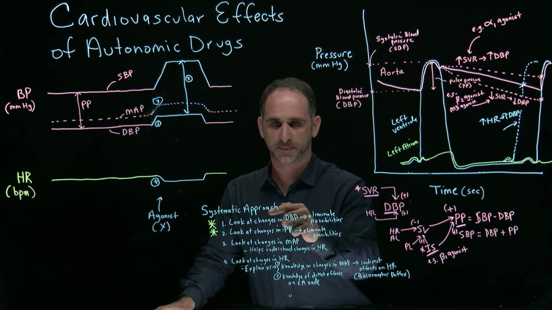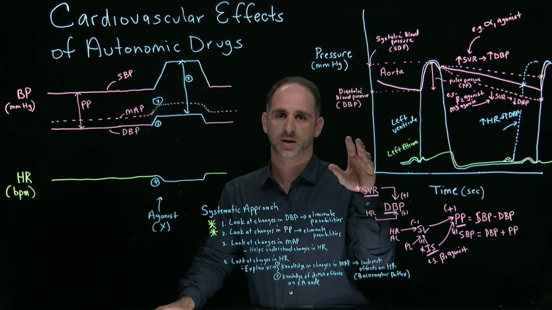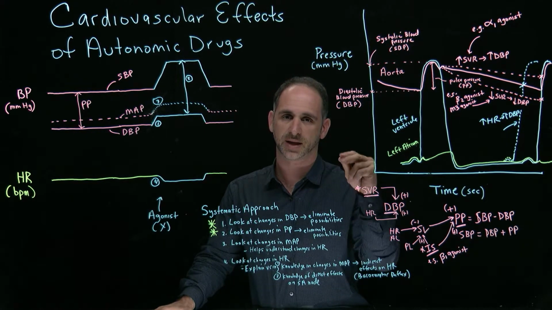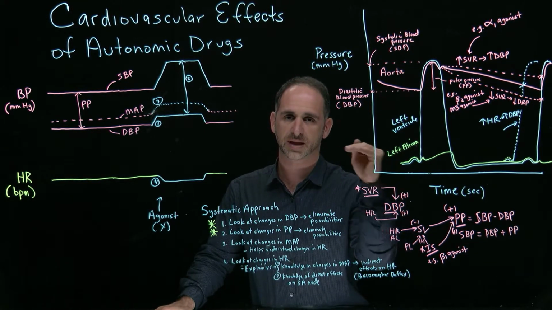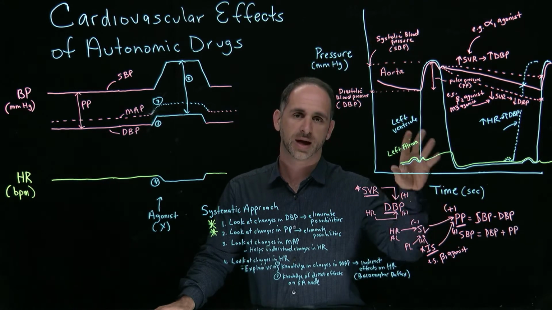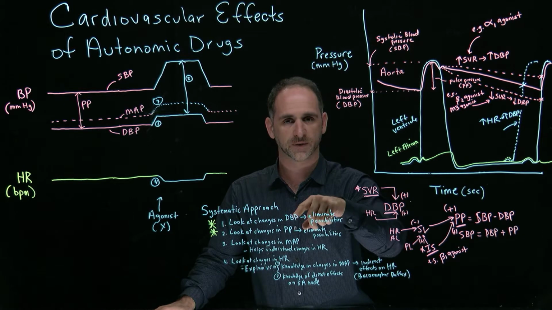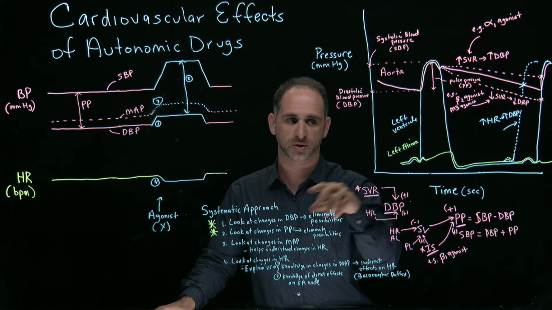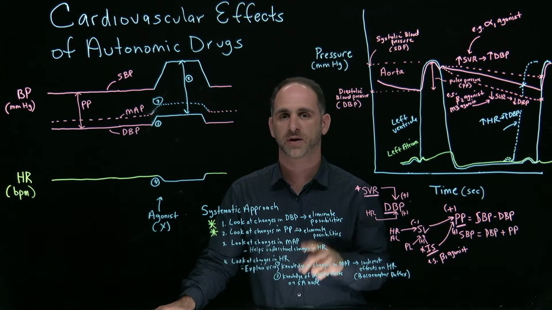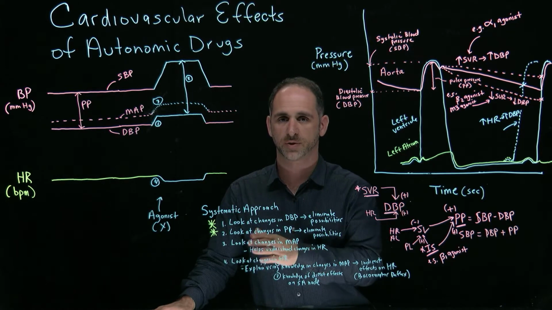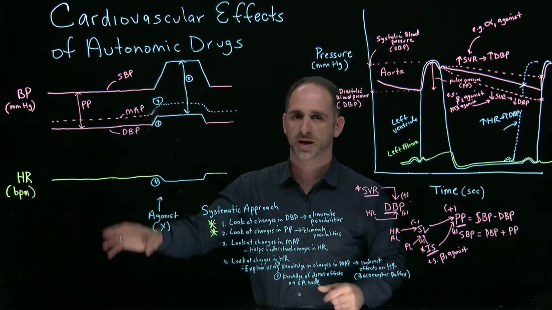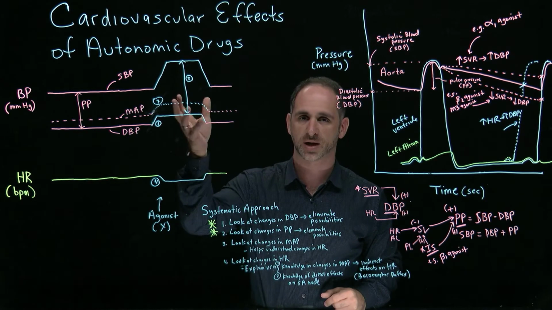Don't just go all the way through and just try to pick one. It's always good to systematically try to rule things in and rule things out. And knowing now how these different physiological effects influence the diastolic pressure and the pulse pressure and which receptors are involved is going to be very valuable for us as we're going through and trying to assess from a list of drugs what could be causing the changes.